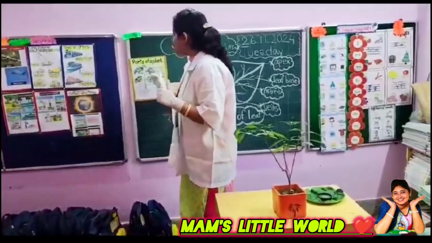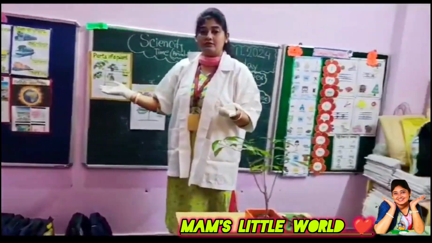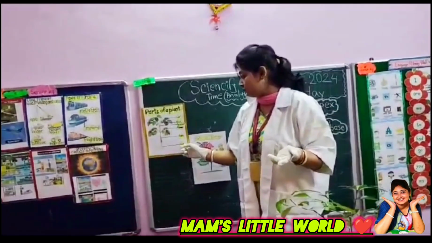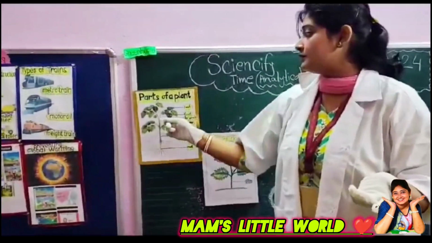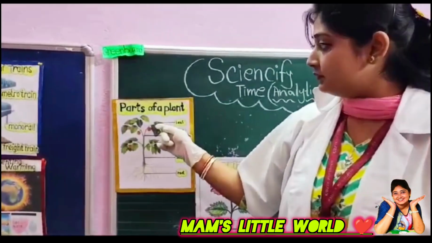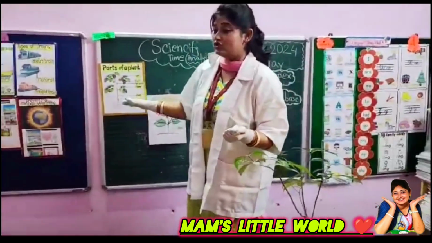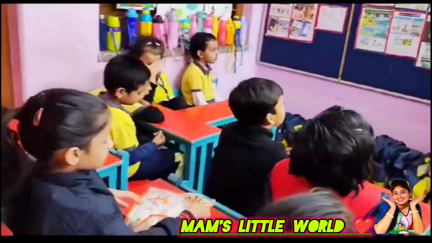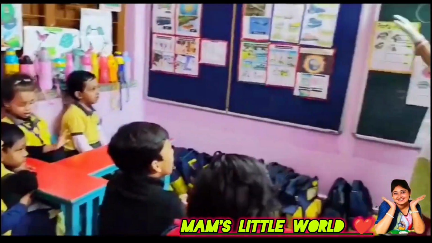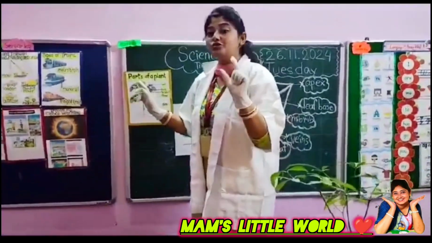So first, tell me how many parts of plants are there? Six parts. Leaf. Very good. The underground part of the plant is called the root. The portion above the ground is called the shoot part.